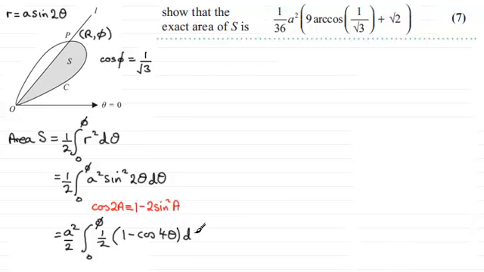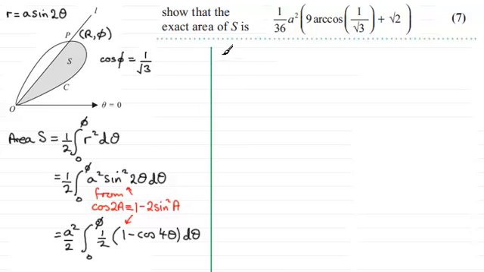And we're integrating that with respect to theta. Okay, so from this identity then we end up with this in here. Now it's just a question then of integrating this.